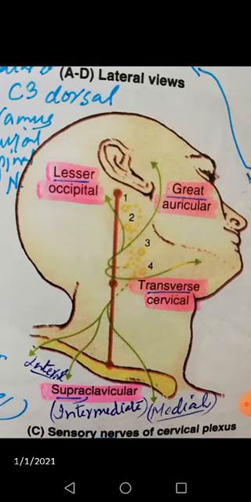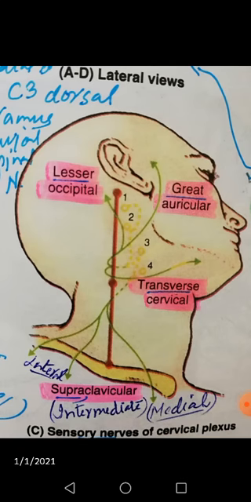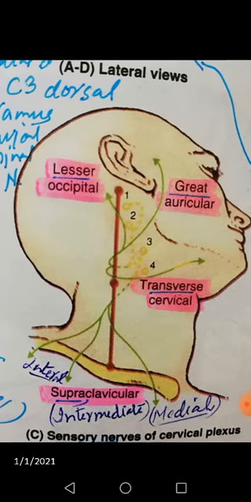Then you can see the great auricular nerve with the root value of C2 and C3 that supplies skin over the area surrounding the parotid gland, mastoid process, and skin extending from the angle of the mandible to the mastoid process.